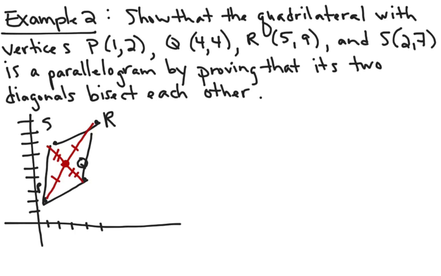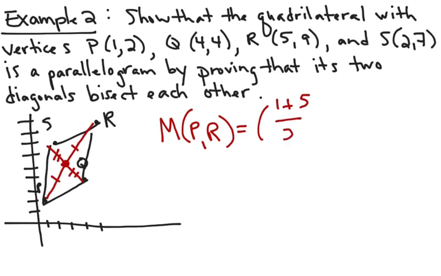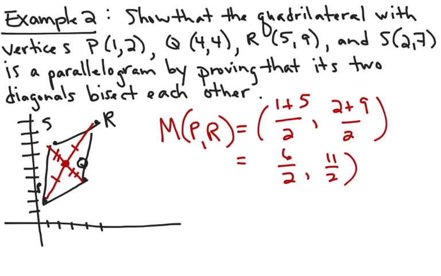Okay, so we want to find the midpoint from P to R. So our midpoint from P to R is going to be the sum of the x values divided by 2 and the sum of the y values divided by 2. In other words, it's the average. So 6 over 2, 11 over 2, so we find out that it's at (3, 5.5).